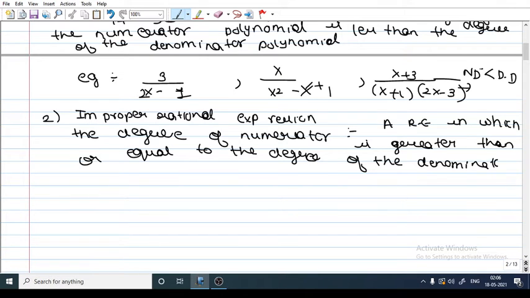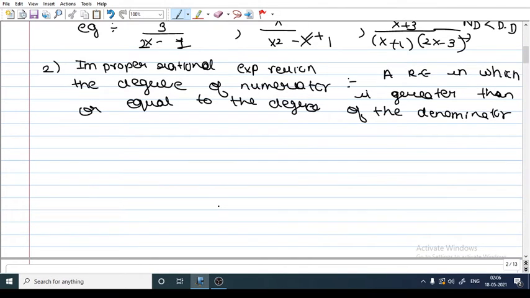Okay. So here you should make out whether the degree of the numerator is greater or not.